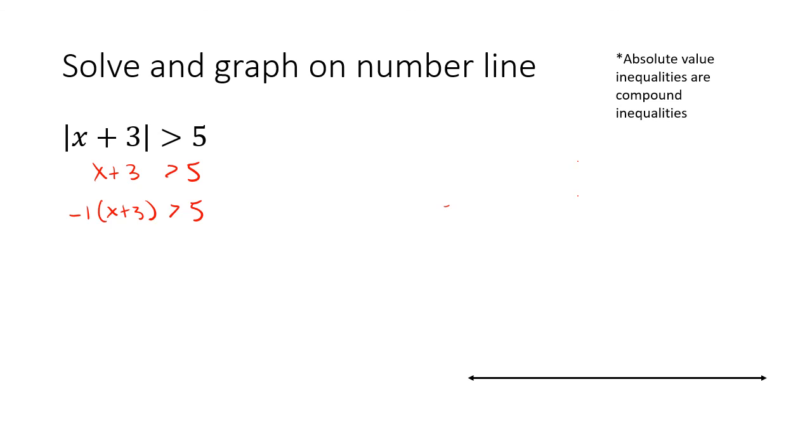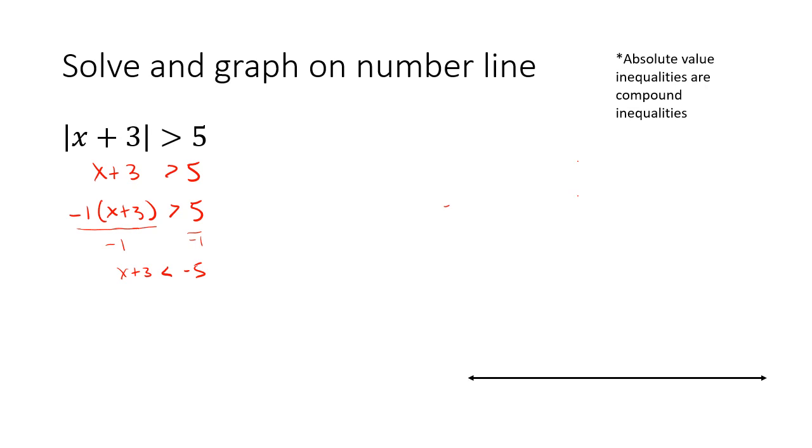This is the exact opposite of x plus 3. If we divide both sides by -1, we have to flip the sign, so x plus 3 is less than -5.